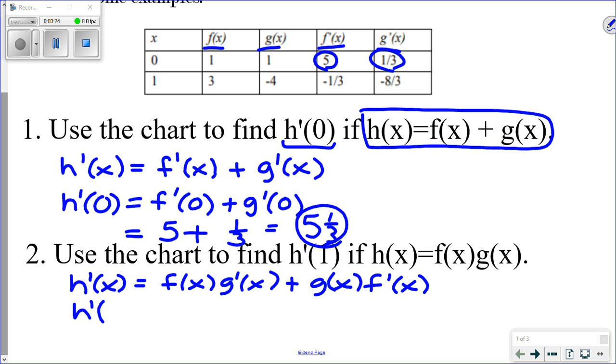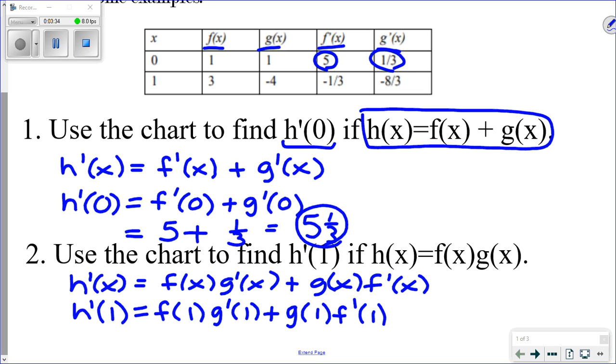And then we're going to substitute 1 in place of x. So we'll get f of 1 times g prime of 1 plus g of 1 times f prime of 1. Okay, and then we're just going to pull these values from the table.